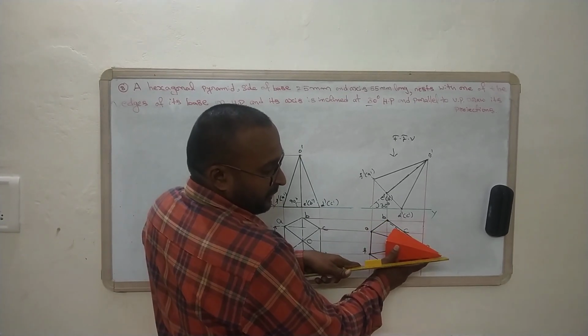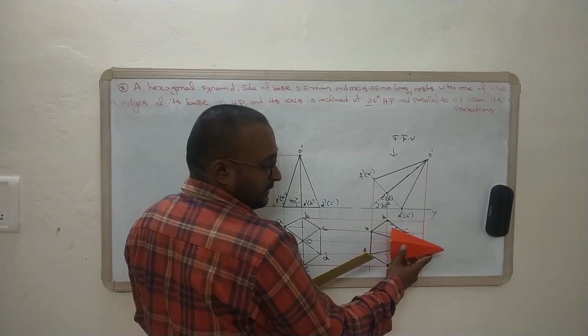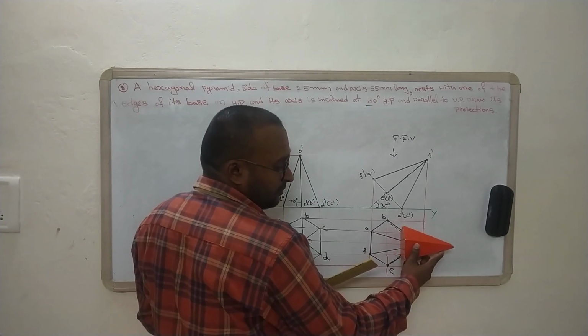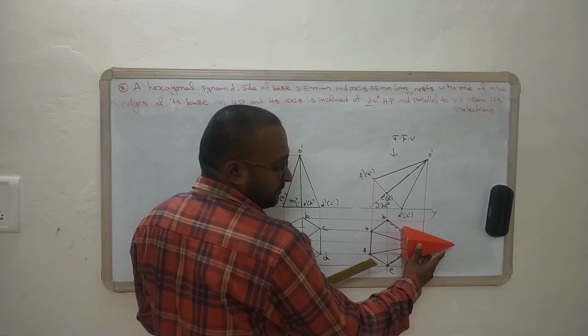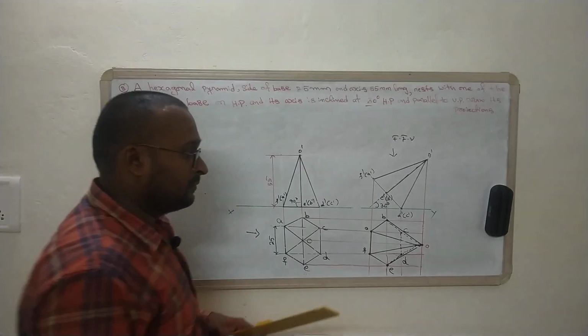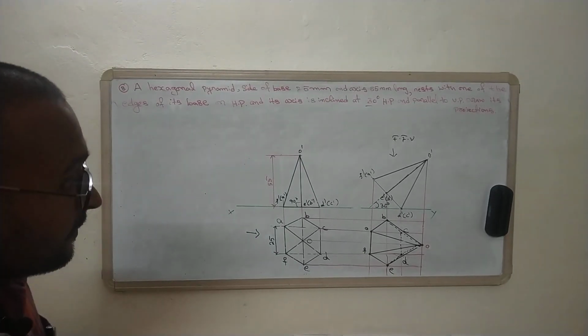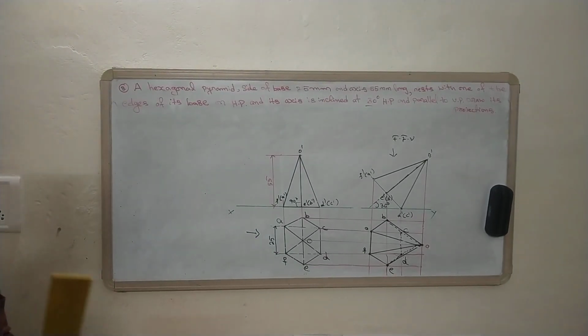So this is the apex point, that is O dash. Directly we are going to project onto the ground, right? So that's all about the second problem, from a line inclined to one plane.